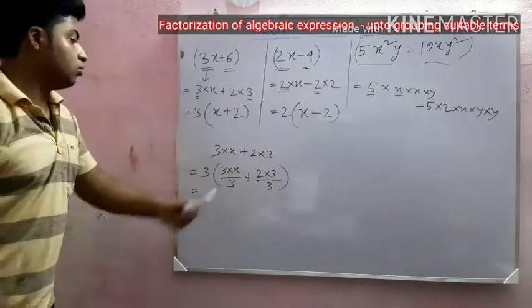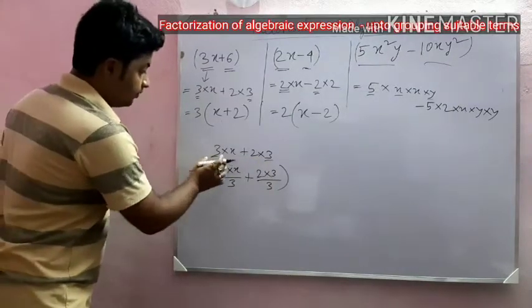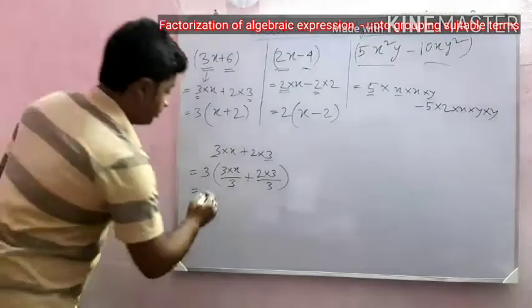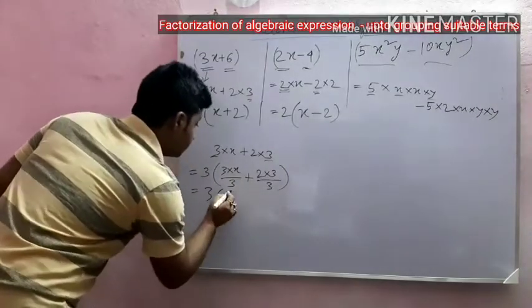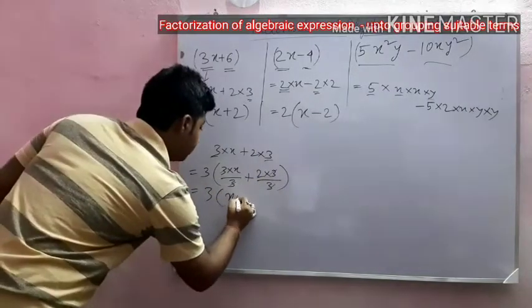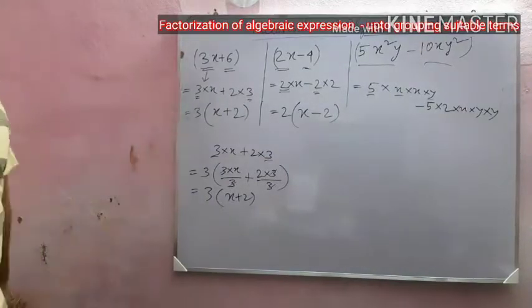I have taken the common part 3 outside and divided each part by that common term. So 3 and 3 will be cancelled out, 3 and 3 will be cancelled out, and the expression will become x plus 2. This is the factorization of this expression.